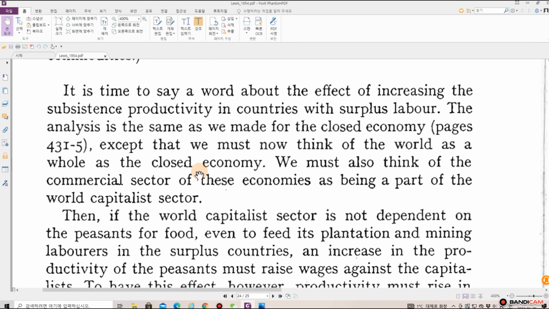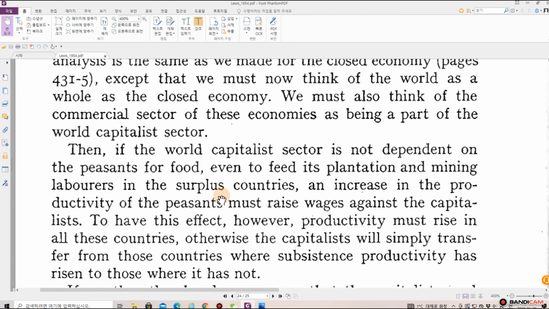It is time to say a word about the effect of increasing the subsistence productivity in countries with surplus labor. The analysis is the same as we made for the closed economy, pages 431 to 5, except that we must now think of the world as a whole as the closed economy. We must also think of the commercial sector of these economies as being a part of the world capitalist sector.